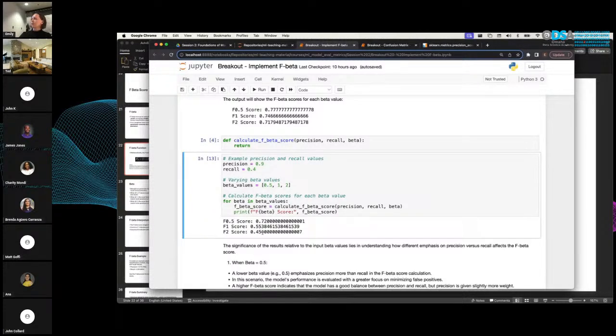F2 score favors recall. And so you can see that even though we had a really great precision, our F2 score is low, 0.45, because we're being heavily penalized for our low recall score.